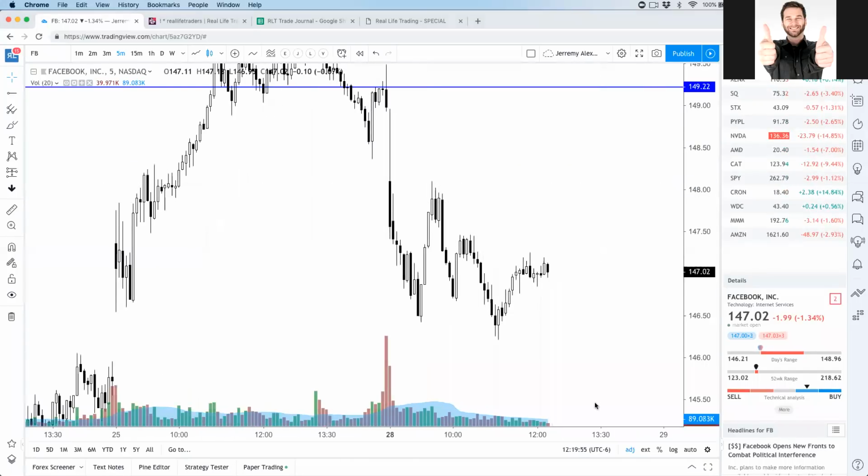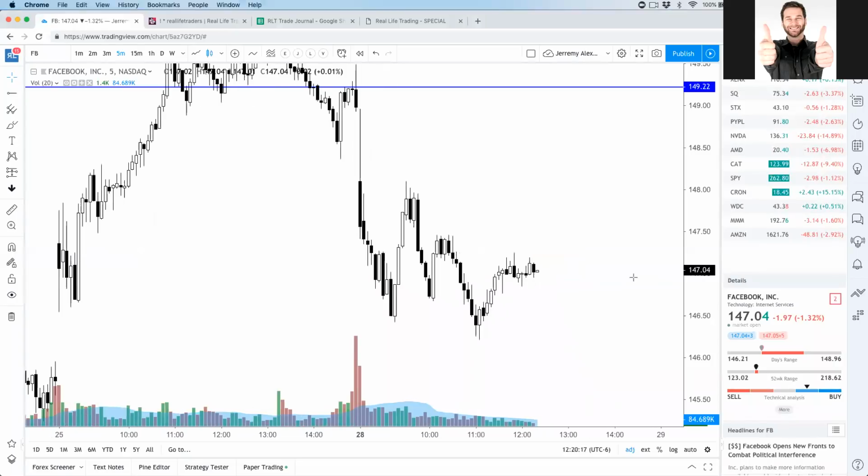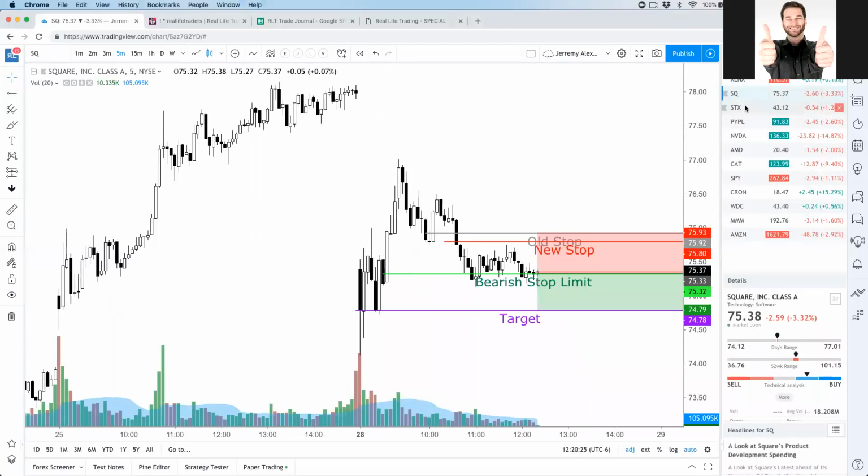This is the 5-minute chart. If Facebook closes below this candle on a 5-minute, I would be okay to buy puts on a retest with the stop loss up here. Let's see if it can close below the low of that white candle. Other than that, it's a little bit sideways presently. There's a lot of sideways out there.